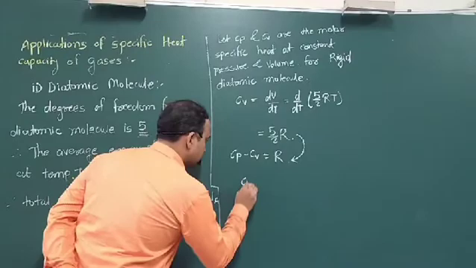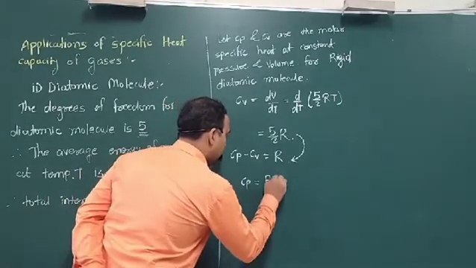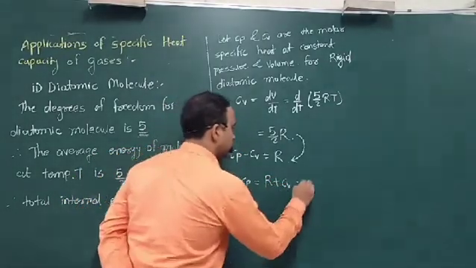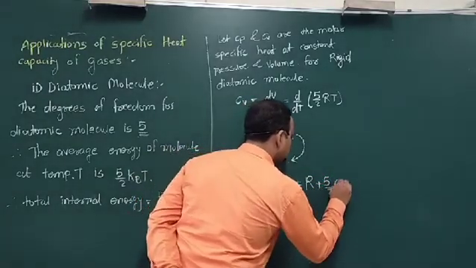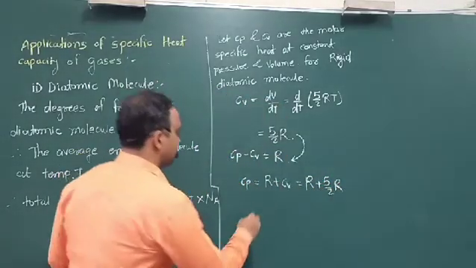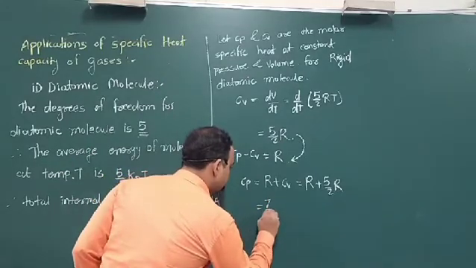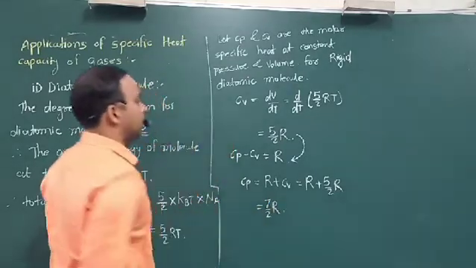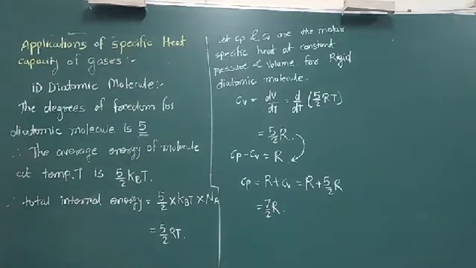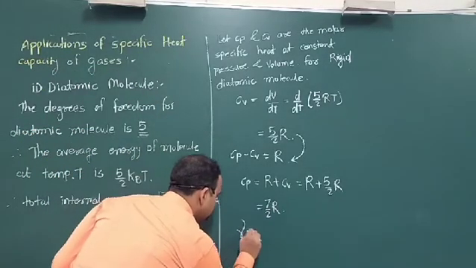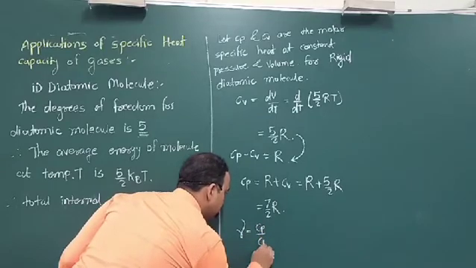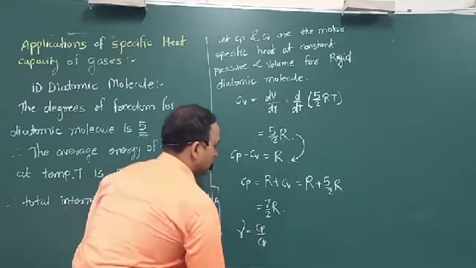So we get Cp is equal to R plus Cv, which is equal to R plus 5 by 2 R. So we get 7 by 2 R. Okay, now to find the ratio, gamma is equal to Cp upon Cv.